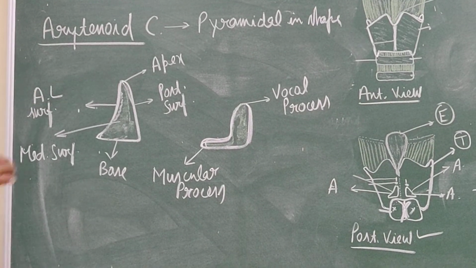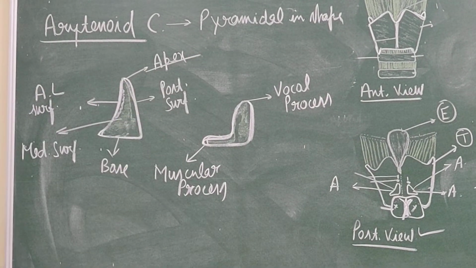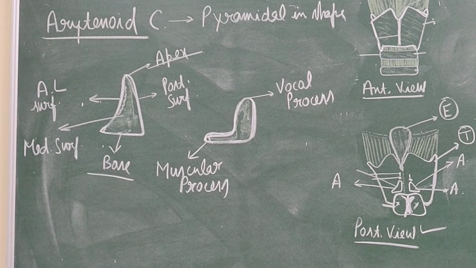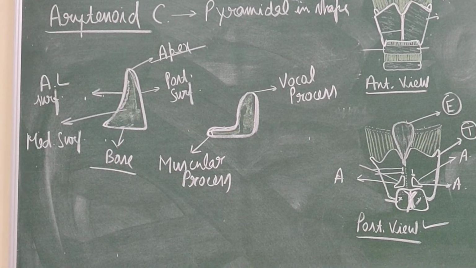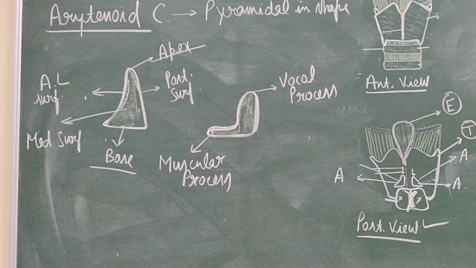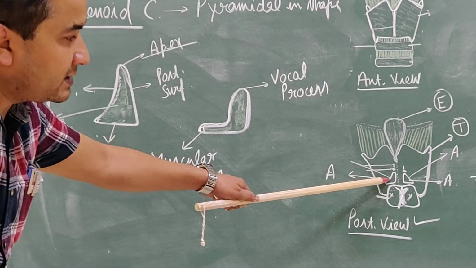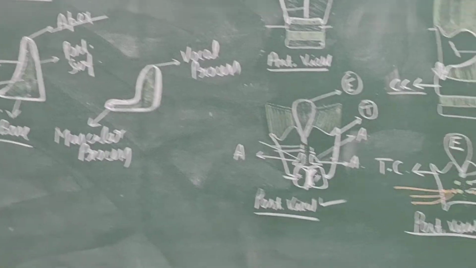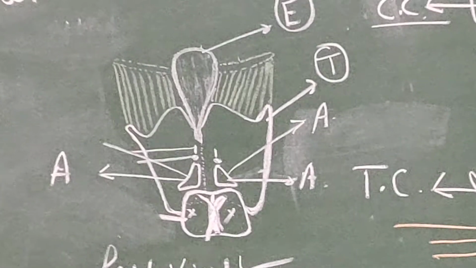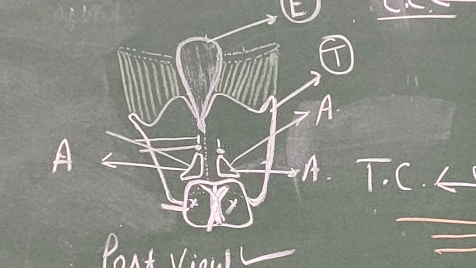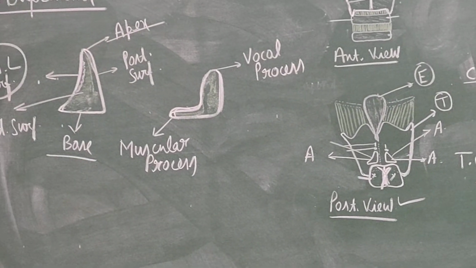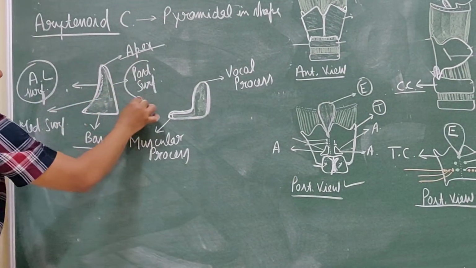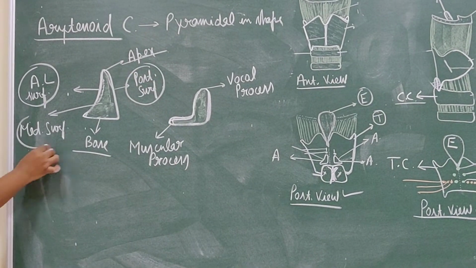It has an apex and a base. The apex is directed upward, while the base forms the joint with the lamina of the cricoid cartilage. It has three surfaces: anterolateral surface, posterior surface, and the medial surface.